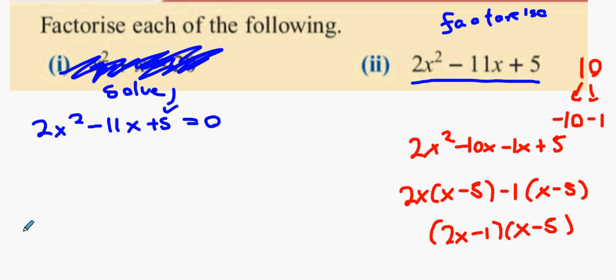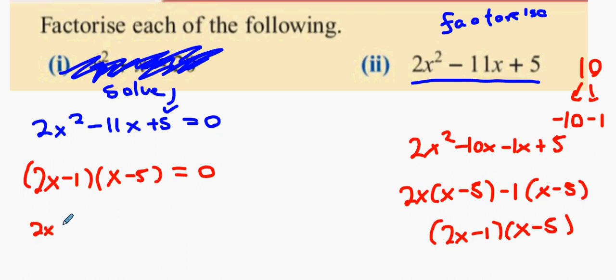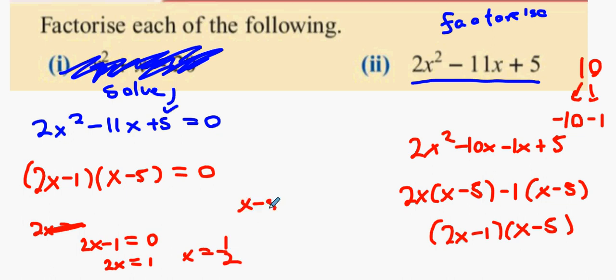And if I was solving this, what would my answer be? Different. So then you get 2x minus 1 equals 0, 2x equals 1, x equals a half. Then x minus 5 equals 0, x equals 5.